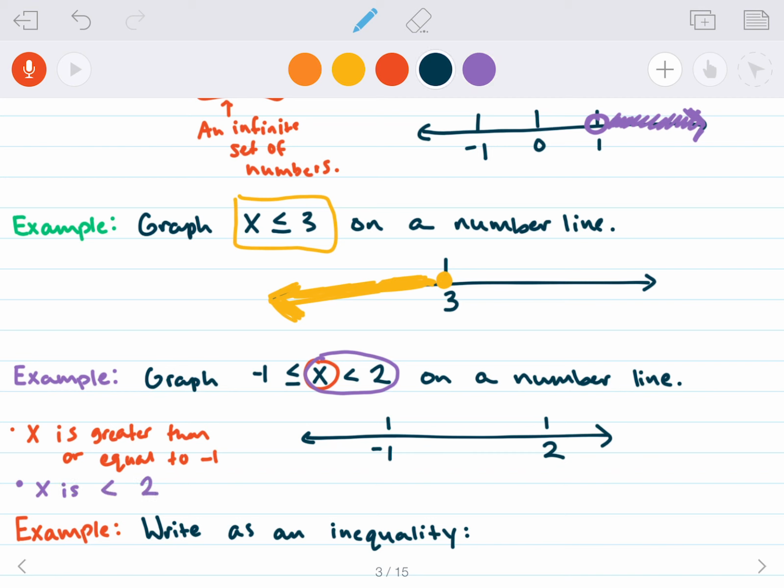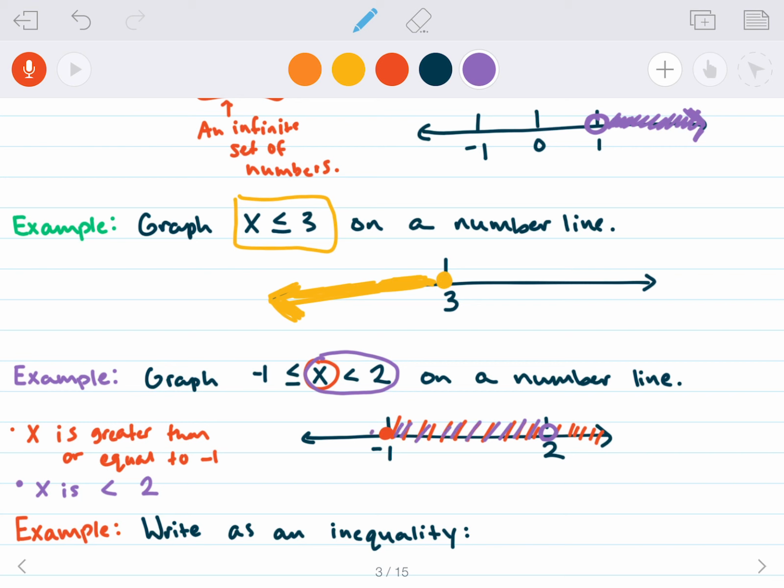Okay, so we kind of have a sandwich here. We have x is greater than or equal to negative 1. So that represents everything here. x is greater than or equal to negative 1 with a dot right here. And then x is less than 2. We're going to put an open dot at 2 because it's strictly less than. And we're going to shade everything to the left of 2.